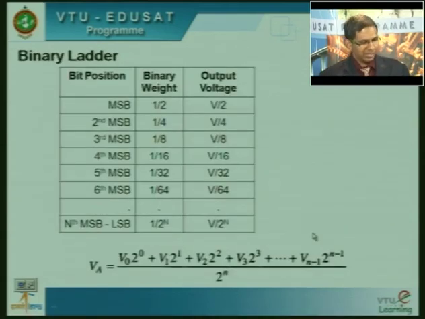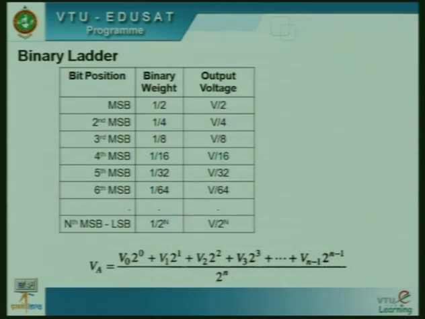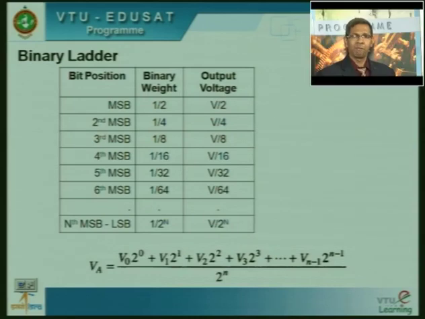Let's take an example and see, for a given value of digital, if we are going to use a binary ladder, what is going to be the full scale value and what are going to be the actual cases. Let us take an example of a 5-bit ladder again.